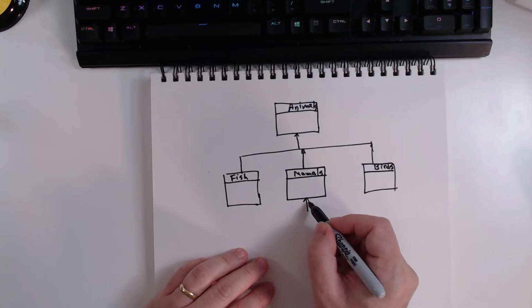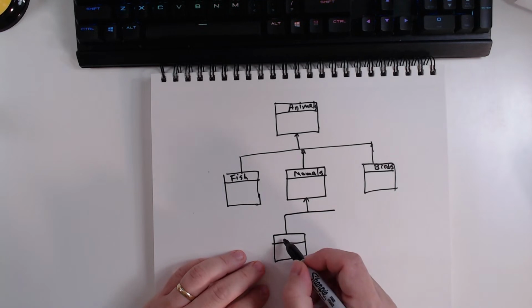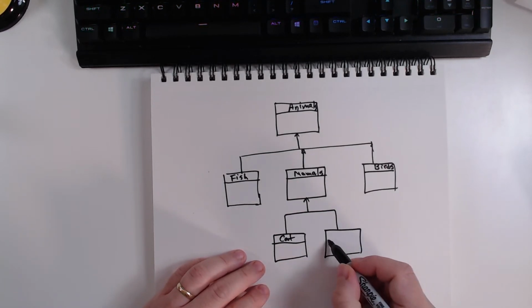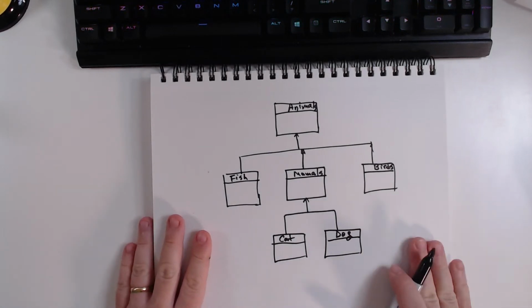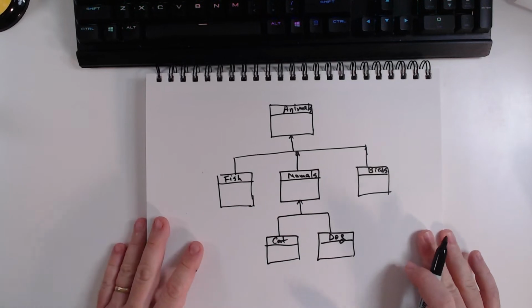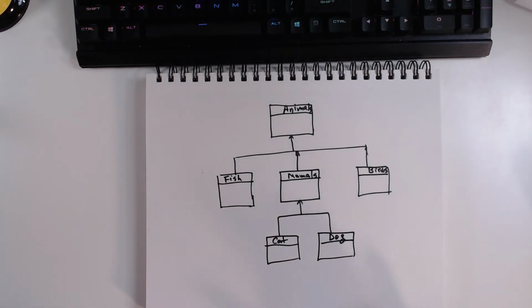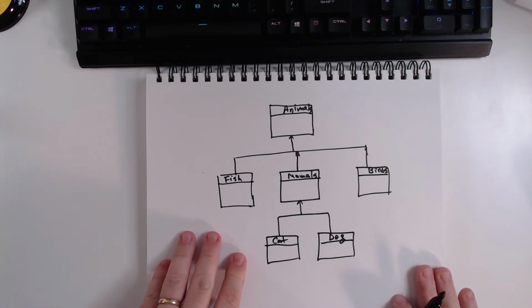Under mammals, let's say at one point we have a cat and a dog. Let's just get straight to the subject. We have a cat and we have a dog. We are used to this kind of representation from real life, from biology and natural sciences. It's pretty common. But today we're going to see that this kind of representation is very easy to model inside the code with classes.